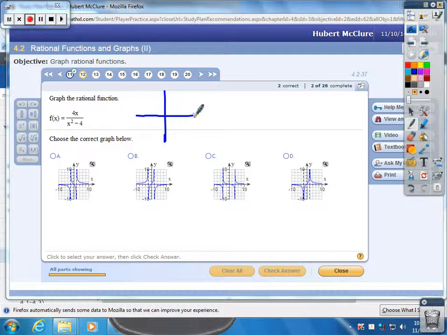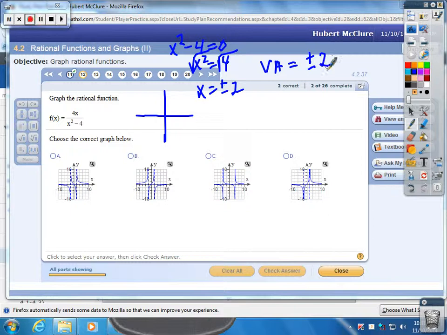Okay, so vertical asymptote. Well, x squared minus 4 is equal to 0. X squared is equal to plus 4. Take the square root of both sides. X is equal to positive or negative what? 2. So you've got a vertical asymptote at positive and negative 2. Now let's do a horizontal asymptote. This is 1.